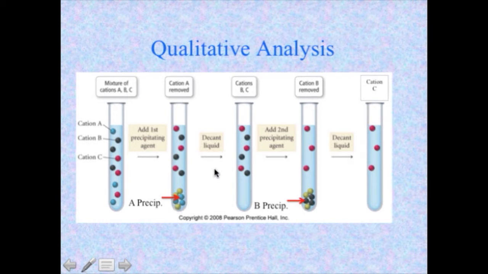Then you decant off the liquid portion, and now you have B and C, and you have cation A in the solid form of whatever anion it reacted with. So then you do the same thing with a second precipitating agent and you get cation B precipitating out. And after that occurs, you have a solution containing only cation C.